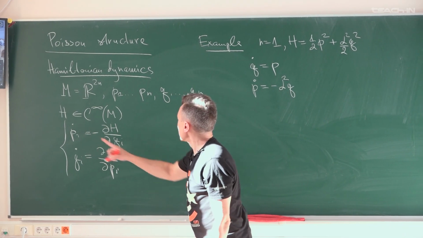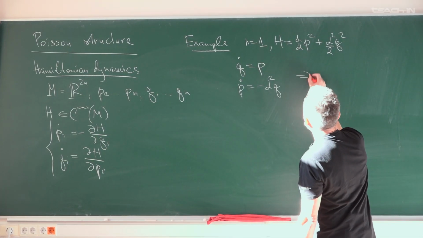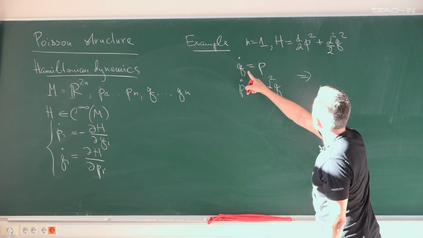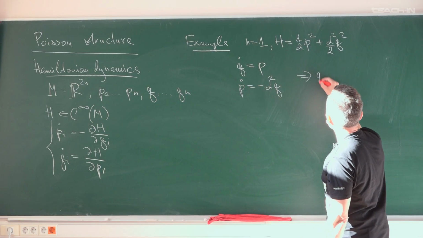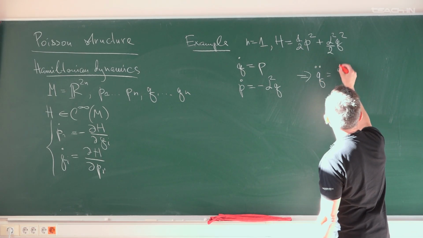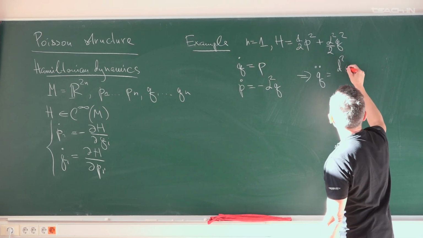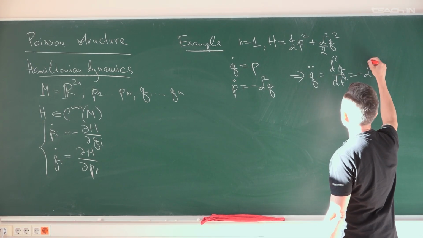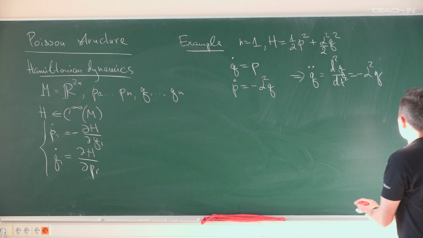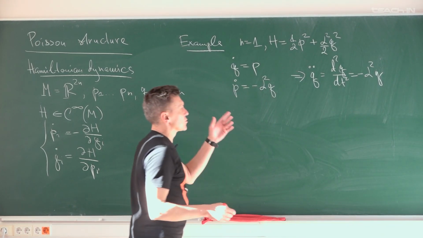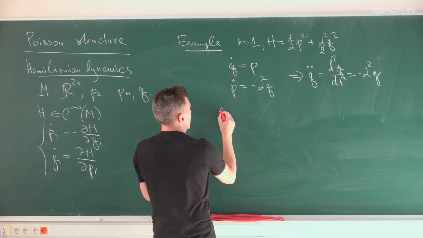because here there is a minus, and it produces an equation of motion with respect to only the coordinate q, the second derivative with respect to time, d squared q over dt squared is equal to minus alpha squared q. So it's a linear differential equation. We all know how to solve it, but I like to write it down.